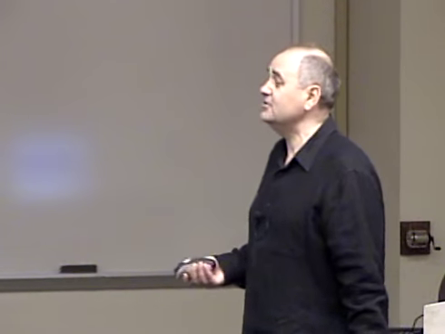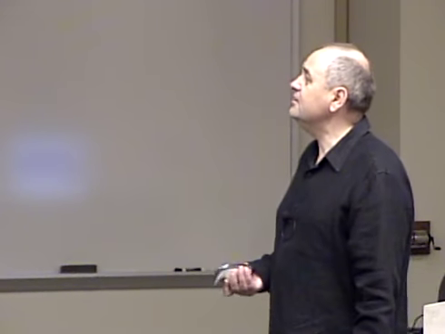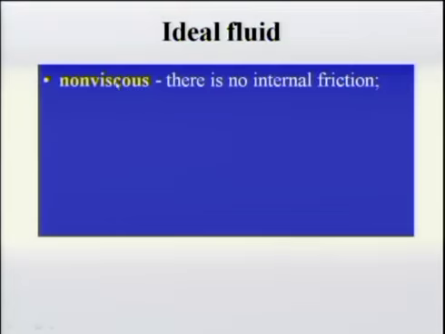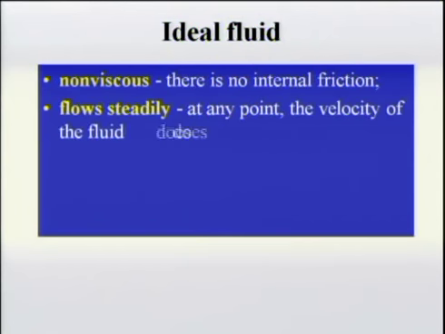So this ideal environment requires that the fluid is ideal, and an ideal fluid requires that there is no internal friction. So the fluid is non-viscous. It flows steadily. It means that if I consider a point in space, all particles passing through this point will always have the same velocity.